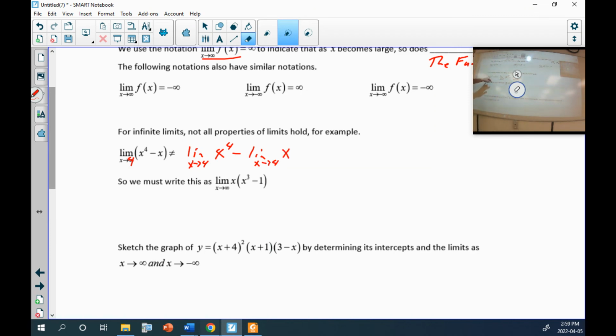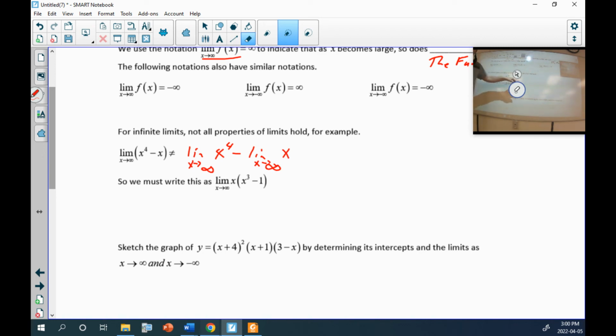That cannot work when you have infinity here. This is not the case. Okay? All right, well, let's talk about this. What's x to the 4th as x approaches infinity? What's infinity to the power of 4? It's an infinity.